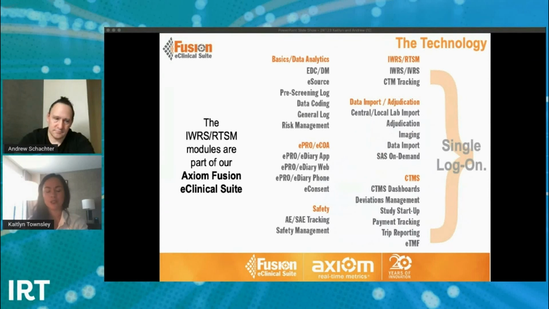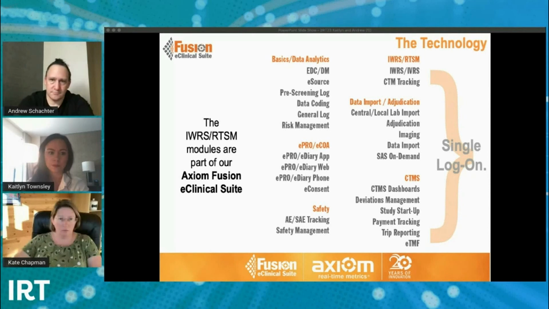When you look at the full Fusion platform, it is a fully clinical suite, so all of the EDC, ECOA, safety, etc. requirements, CTMS. But the RTSM part stands alone to us with an individual team managing that, so that you do have the dedicated expertise while still getting all of the benefits of a unified platform.